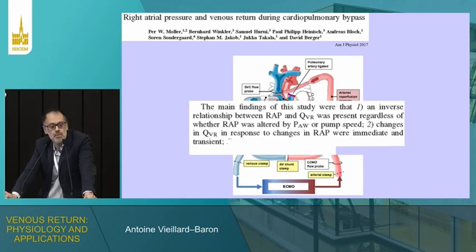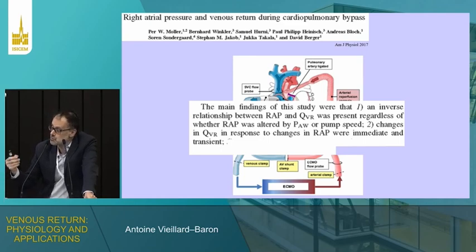The first, by modifying the extracorporeal pump. So maybe they were able to mimic some RV failure if they were decreasing the pump, and so the right atrial pressure increased. Or by another way, just to apply a positive airway pressure, and so just by transmission, they were able to increase the right atrial pressure.